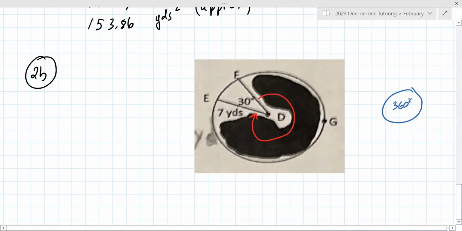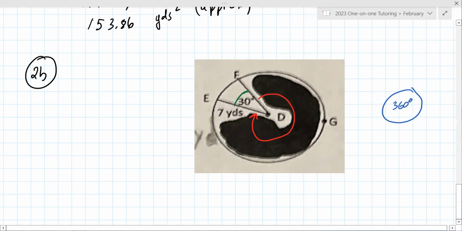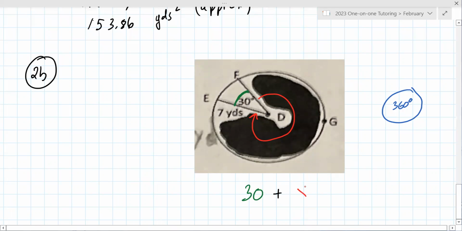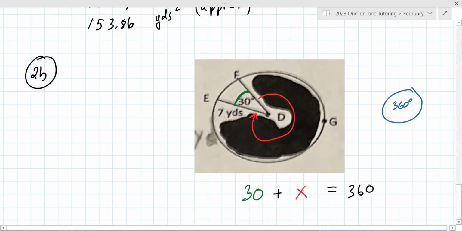So 360 if you go all the way around. So this is 30. 30 plus what, the unknown, equals 360. I need you to solve this equation, Sourish, for x.